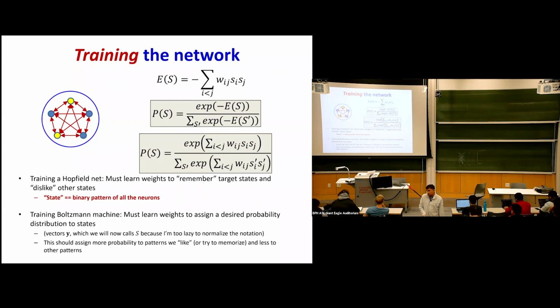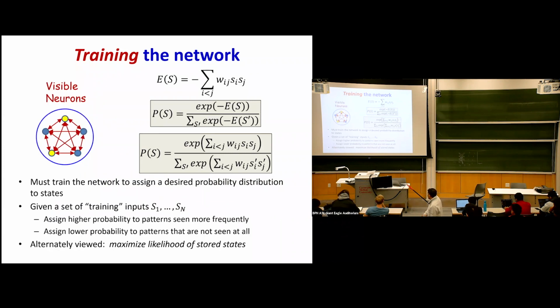How do you do such a training? To train the network, you want to train it to assign a desired probability distribution to the states, meaning you'd get a large set of training inputs, like a large collection of face images, right? And you want the network to assign higher probability to images that it sees more frequently, lower probabilities to images that it sees less frequently, and no probability at all to things that don't belong to that class, right?